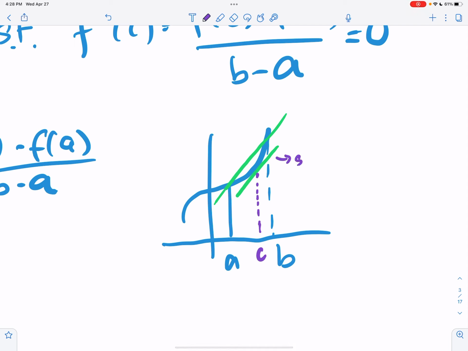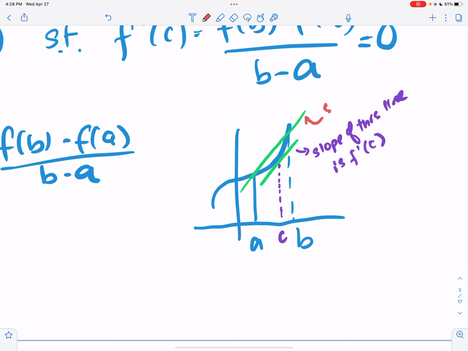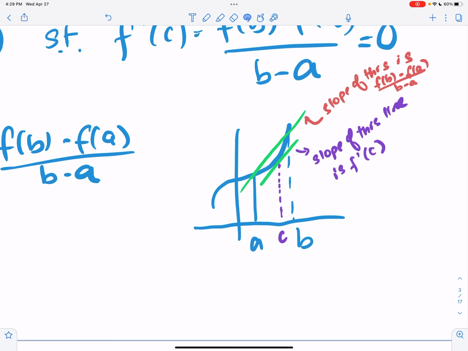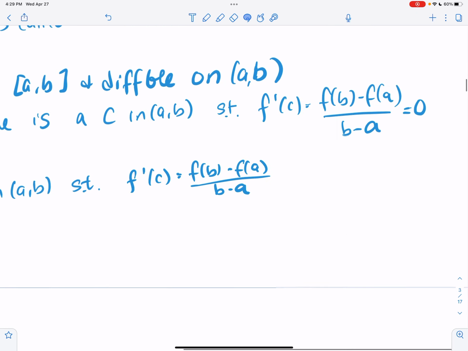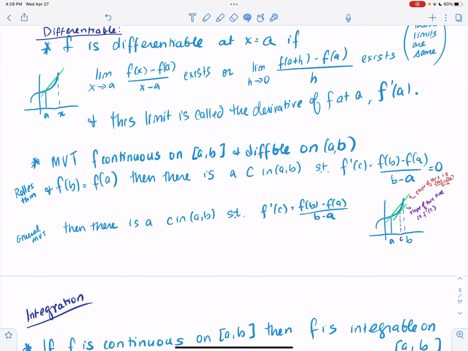The slope of this line is f prime of c. And the slope of this other line is f of b minus f of a over b minus a. Okay? So the mean value theorem says that there is a c between a and b where the slope of the tangent line equals the slope of the secant line. All right?